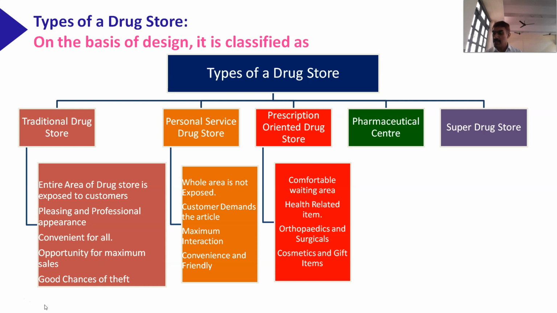In this type of design, all health related items like drugs, prescriptions, orthopedics, surgicals, and appliances are kept in a separate area. Drugs and prescription accessories are displayed in the vicinity, while orthopedics and surgical items are kept in a separate room, so there is no confusion and things do not get messed up.